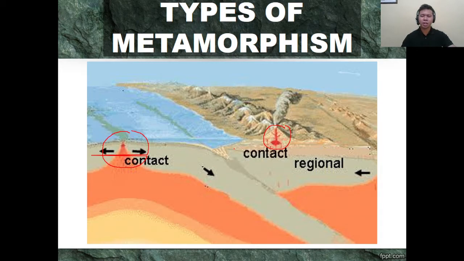Since the oceanic crust is denser, it allows the oceanic crust to sink, to get buried underneath the continental crust. So there is this burial metamorphism happening here. The burial metamorphism induces heat and pressure, changing the sedimentary rock components into another type of rock, usually metamorphic rock, because it has something to do with heat and pressure.